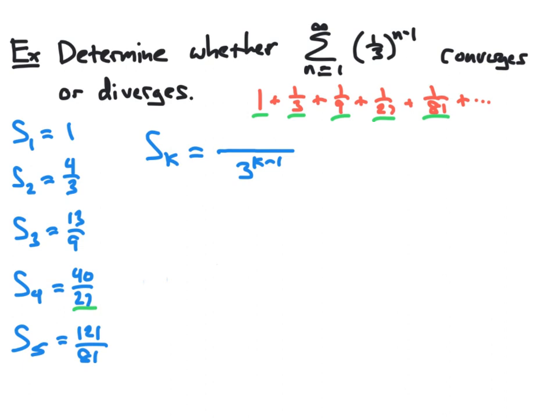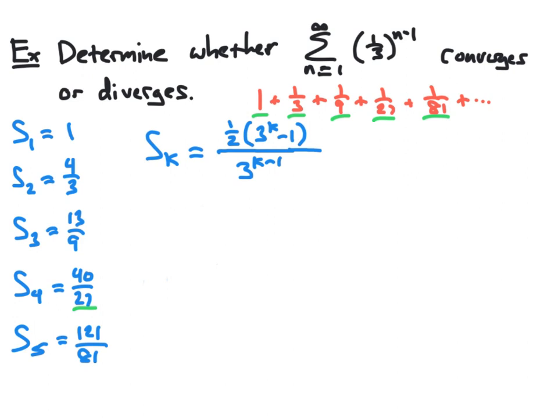In the numerator, it's a little bit more difficult to find a pattern for these numbers, 1, 4, 13, 40, and 121. However, what I'm hoping you can check is that a formula that works is 1/2 times 3 to the k minus 1. And so if you take the index of each of these partial sums, 1, 2, 3, 4, or 5, if you compute 3 to the k minus 1 and then multiply that by 1/2, you will see that you get the numerator, 1, 4, 13, 40, and 121, respectively.